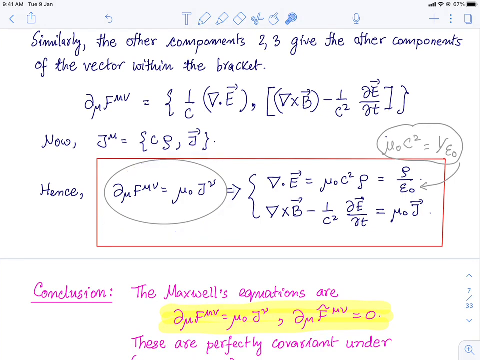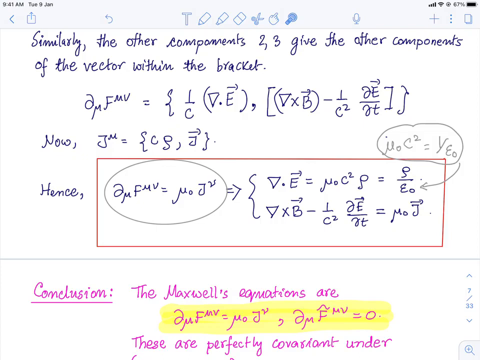This is the whole story that you have. The story in short is that there are 4 currents and 4 potentials. If you take the 4 potential and write down its curl, you get the field strength, a 0,2 tensor or a 2,0 tensor, depending on how you write the indices. Once you have the field strength, you can immediately define the dual field strength with the epsilon tensor. The divergence of the dual field strength must vanish as an identity.